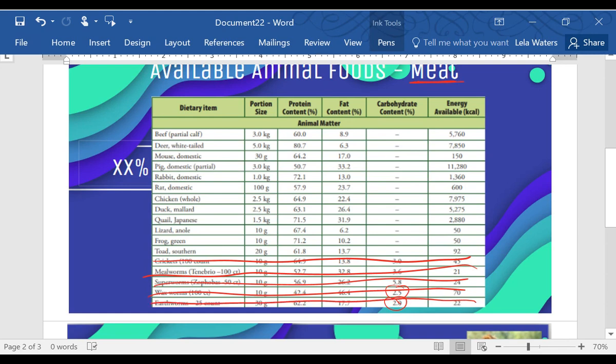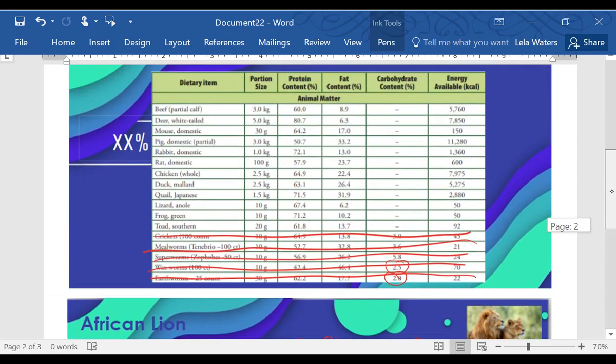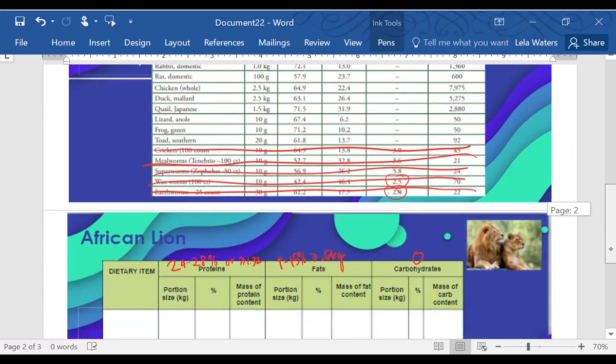Okay, now I'm going to look at that protein and that fat content. Remember, protein was supposed to be 24 to 28%. And so I'm going to rule out anything that has less than that. So I'm looking down that list. They actually all have enough protein. So then let's look at the fat.